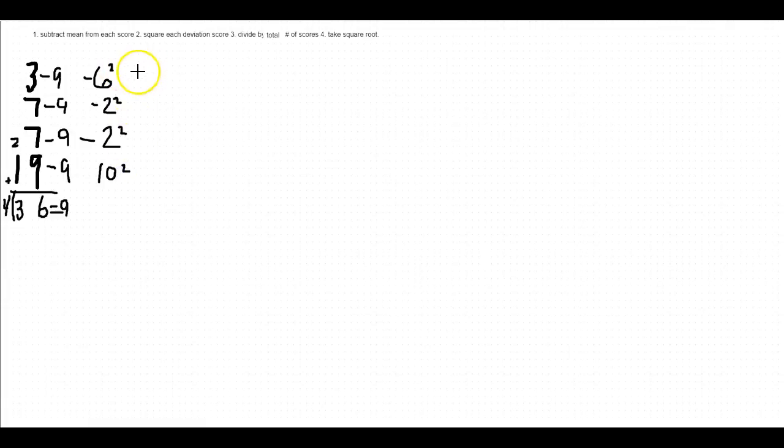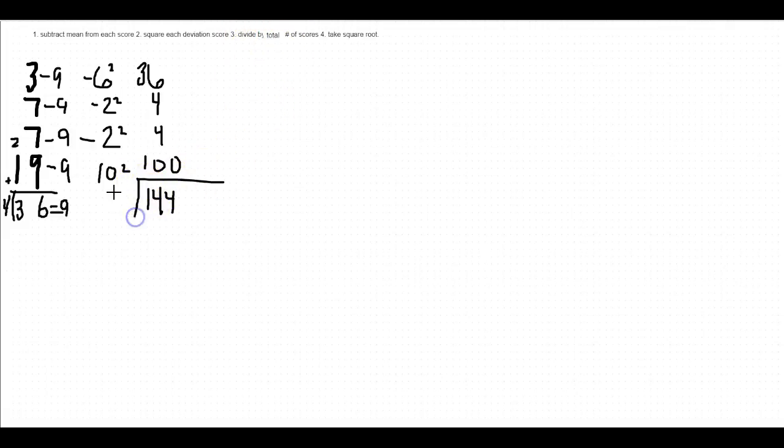So -6 squared is 36, 4, 4, and 100. Now we can add these up, and that adds up to 144. Then it says divide by the total number of scores.